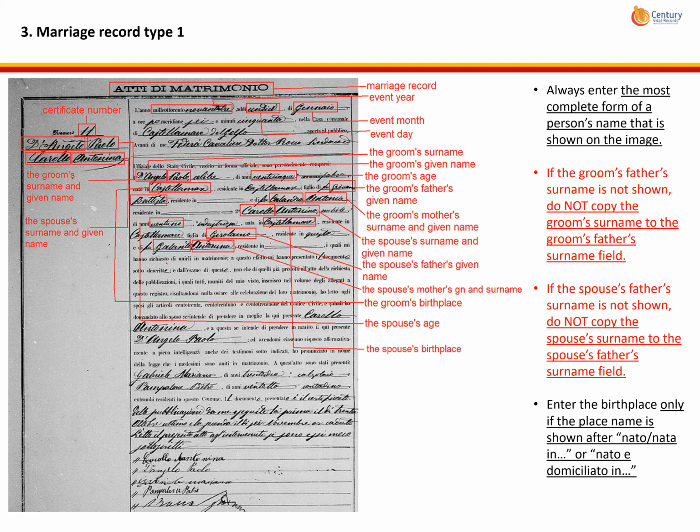If the groom's or the spouse's father's surname is not shown, leave the fields blank. Do not copy the groom's or the spouse's surname to the groom's father's or the spouse's father's surname fields.